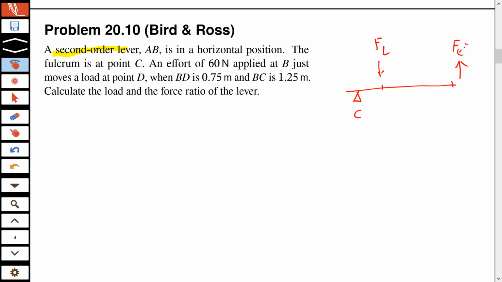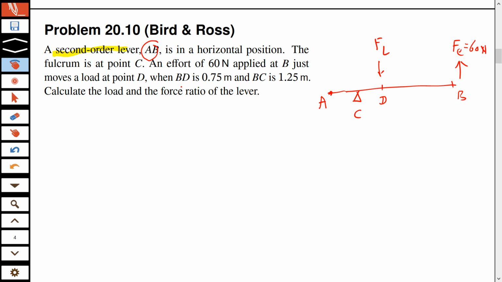So this effort is 60 Newtons at B. So let's call this B. Just moves a load at point D. This is point D. So which means that this point where there is no load and no effort must be A, because he's calling the lever AB. So AB means that it starts from A, it ends at B. At B you have the effort. At D you have the load.